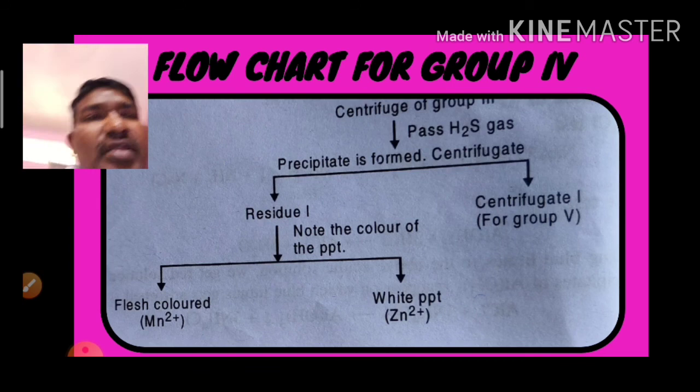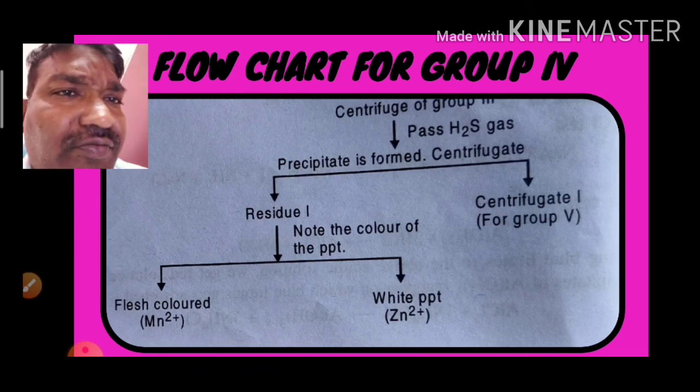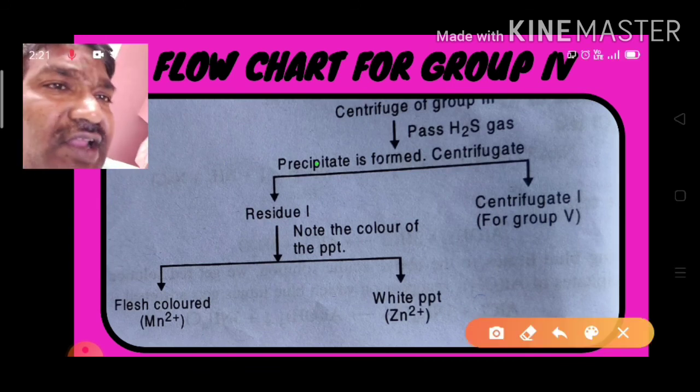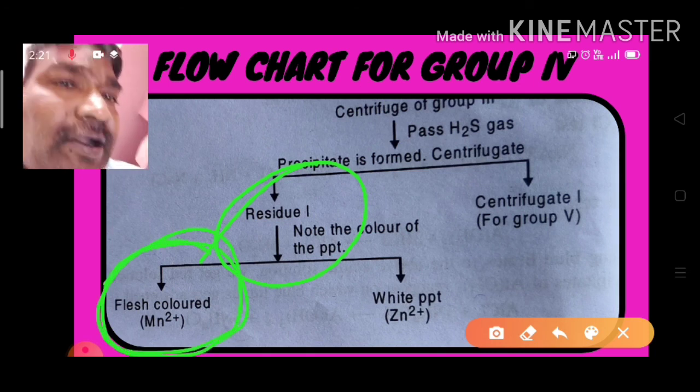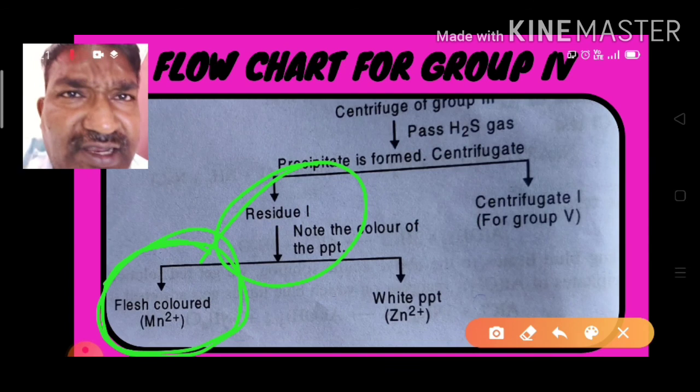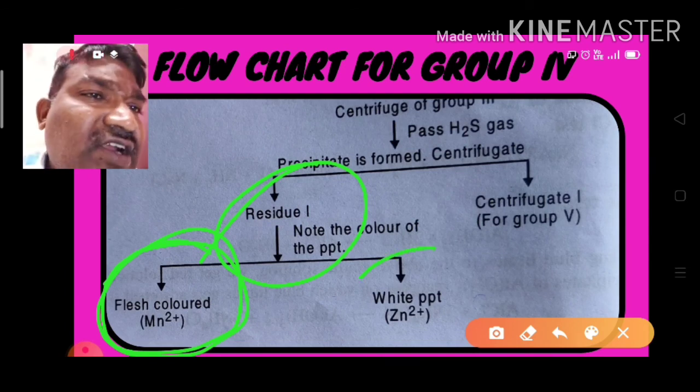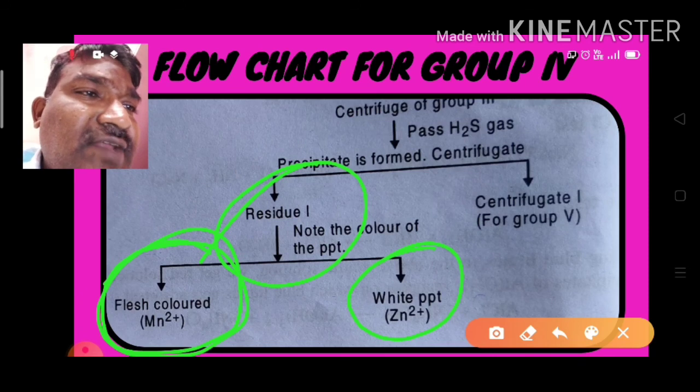We have to observe the color of the precipitate here. If we get a flesh color precipitate, the given salt mixture contains Mn+2 ions, and if we get a white color precipitate, the given salt mixture contains Zn+2 ions.